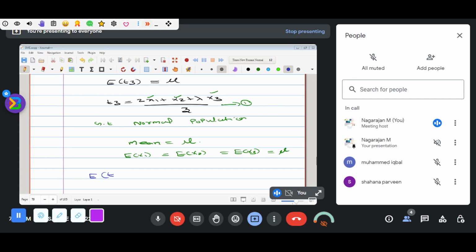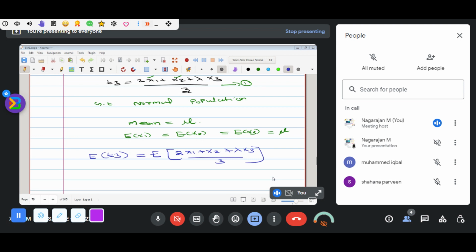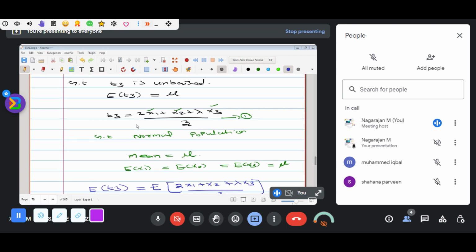E of T3 equal to E of (2x1 plus x2 plus lambda x3) divided by 3. What is the E of T3 value? E of T3 is also mu, because for an unbiased estimator the value of E of T3 is mu.